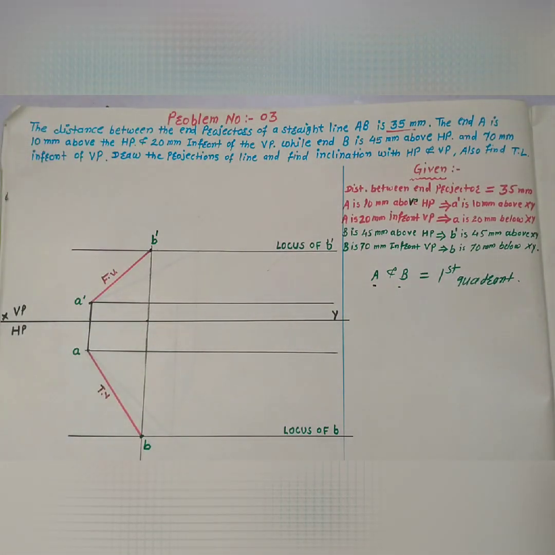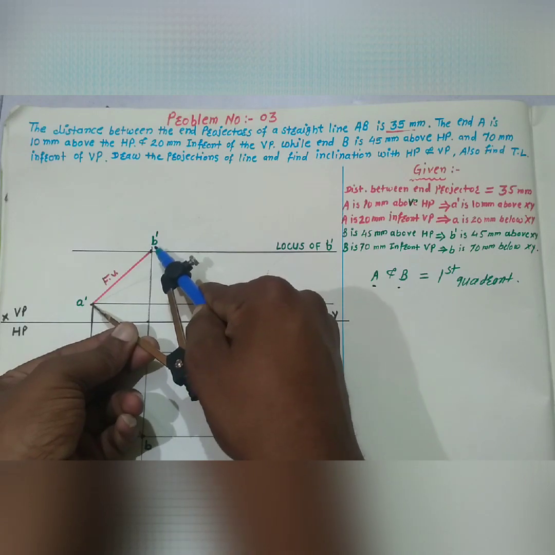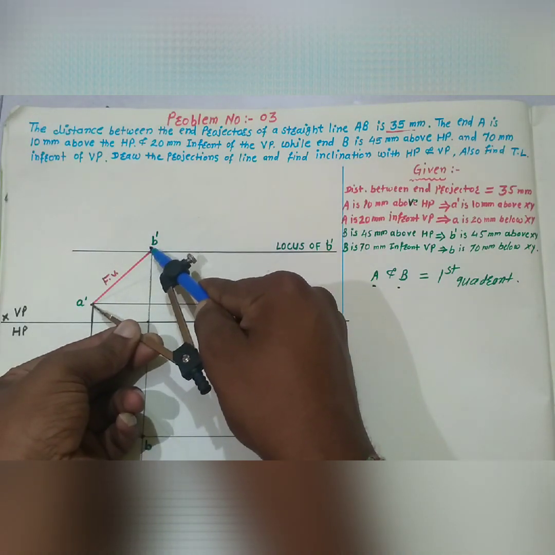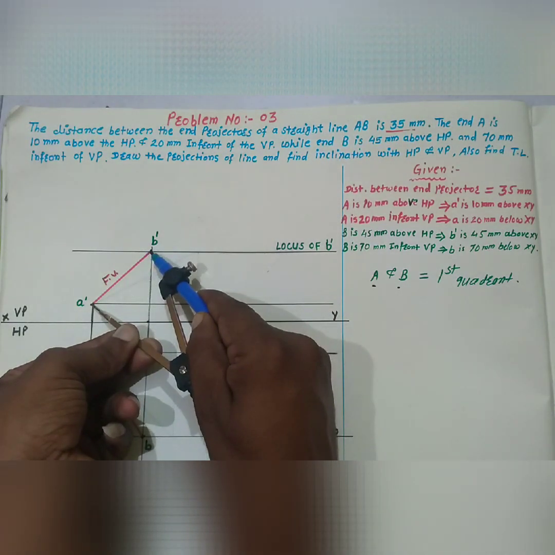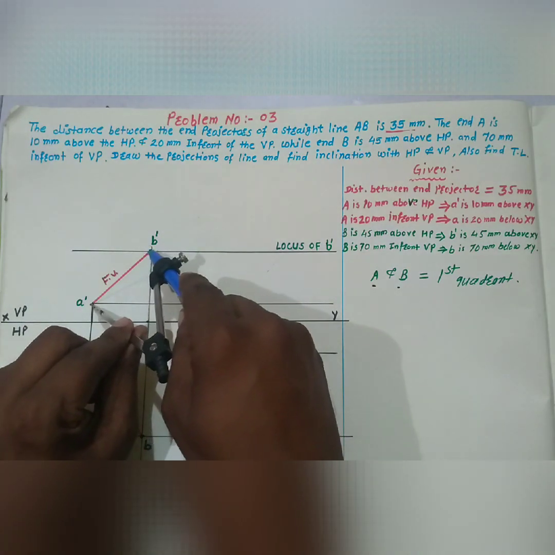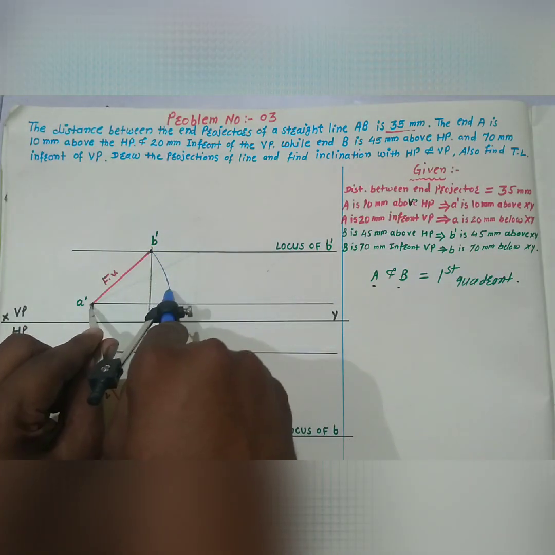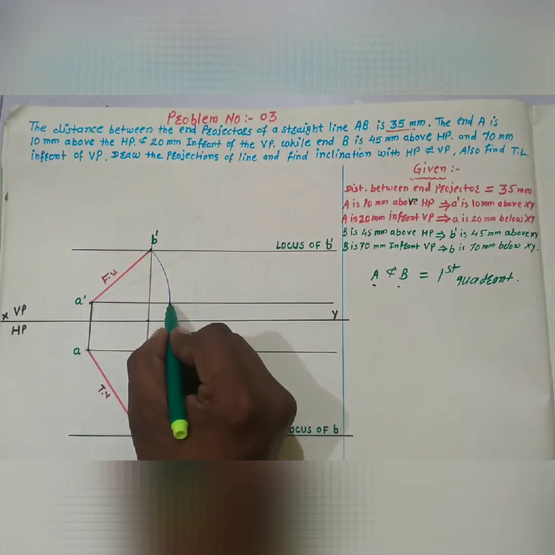Now we construct the remaining problem using this given data. Take the radius as A dash B dash, with center A dash, and draw one arc up to the locus of A dash, up to this point.